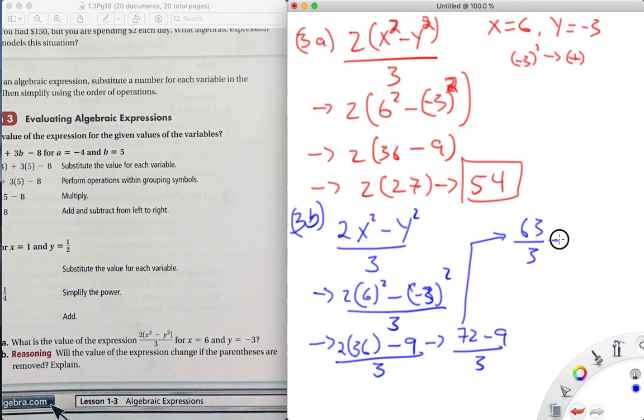And 63 over 3 equals 21. So, does removing the parentheses affect the final answer? I would say emphatically, yes, it does. By removing the parentheses, we change the order of PEMDAS and what we multiply first, thereby changing the answer.